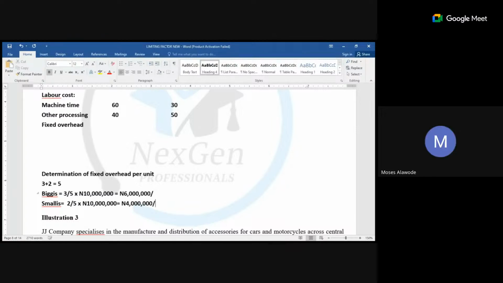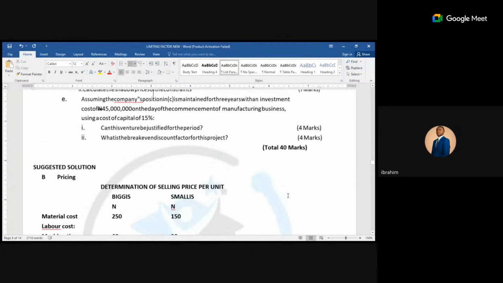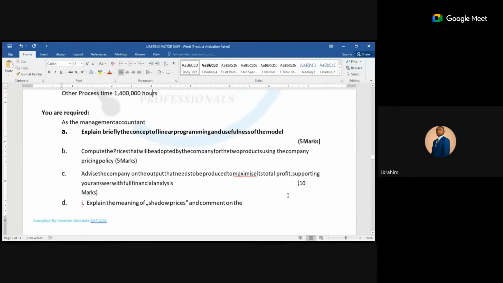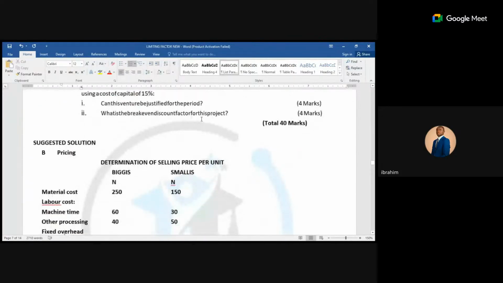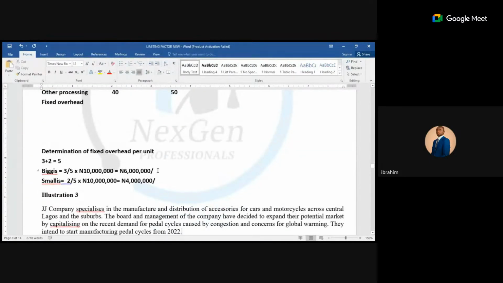By the units produced. Thank you. For the expected units of each of the products, where you have 200 units and 100 units expected or budgeted, as the case may be in the question. What is the cost per unit?